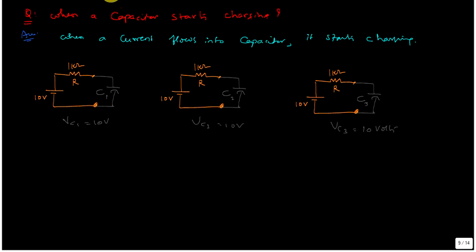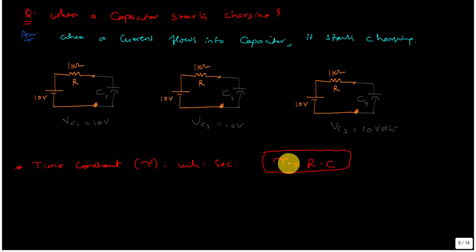So for that we are going to define one unit called the time constant. Time constant is indicated with tau and its unit is seconds. The time constant for an RC circuit is tau equal to R into C. So the time constant for an RC circuit is the product of the R and C elements.